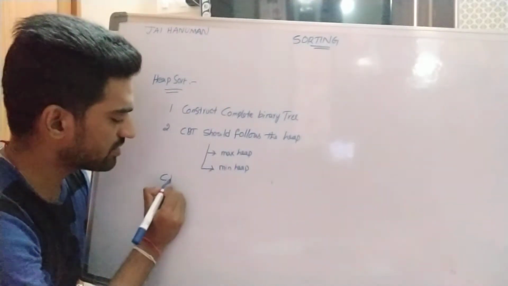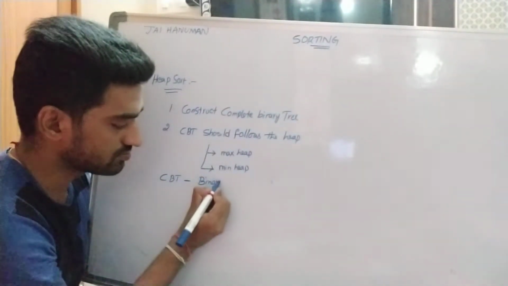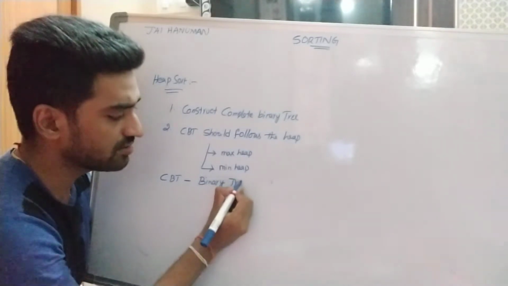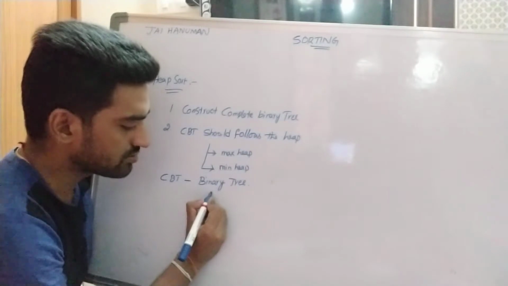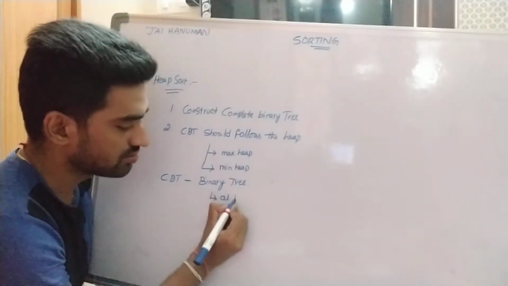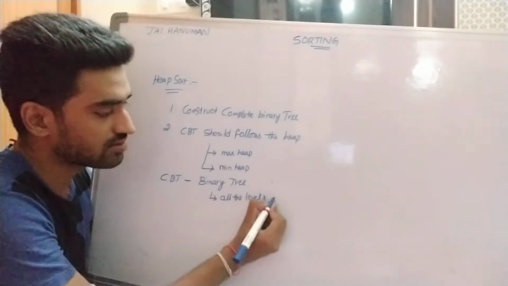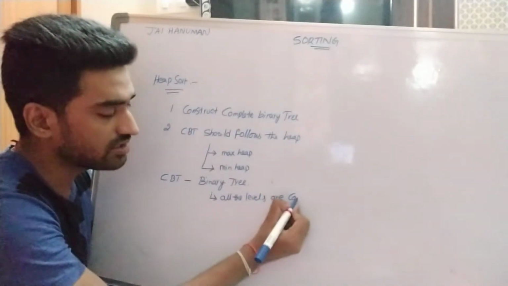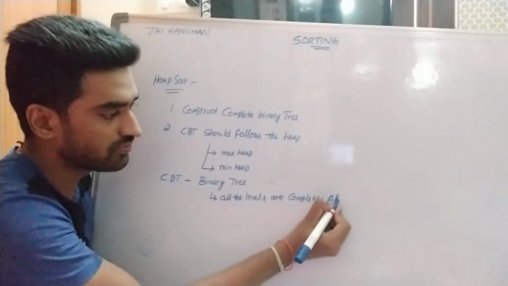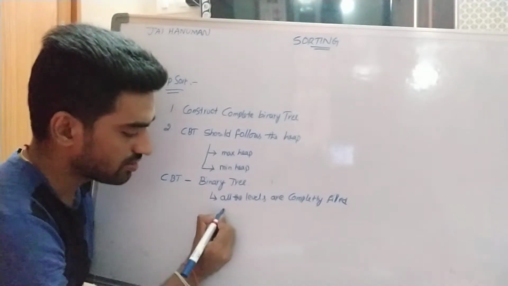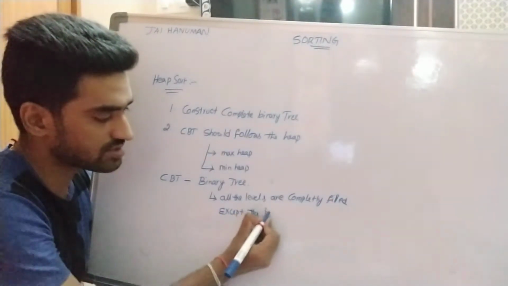So a complete binary tree means it is a binary tree in which all the levels are completely filled except the last level.